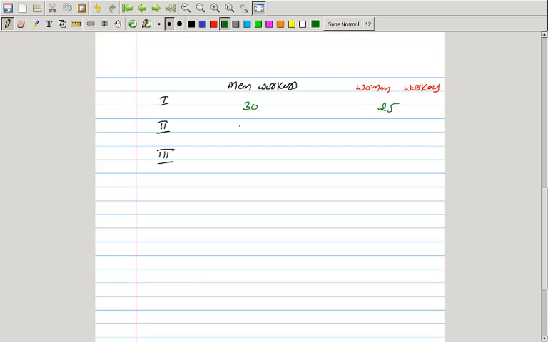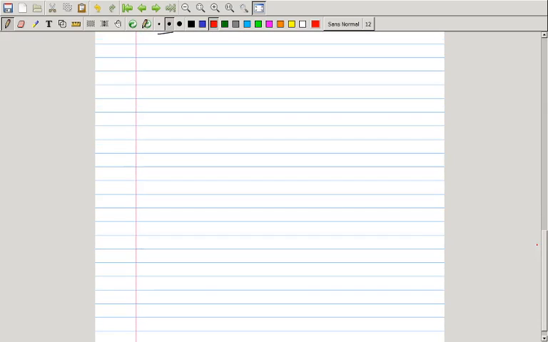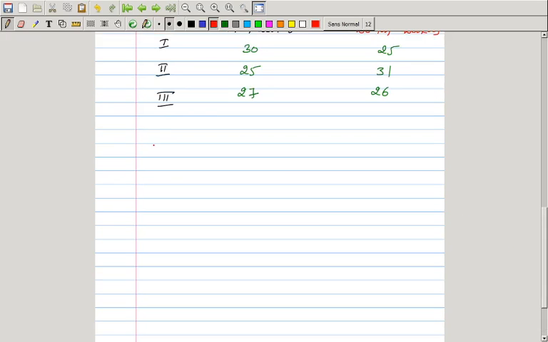In second factory, men workers is 25 and women workers is 31. In third factory, men workers is 27 and women workers is 26, right? So this is the information given to us. So what we have to do now is represent this above information in the form of a matrix of order 3 into 2.